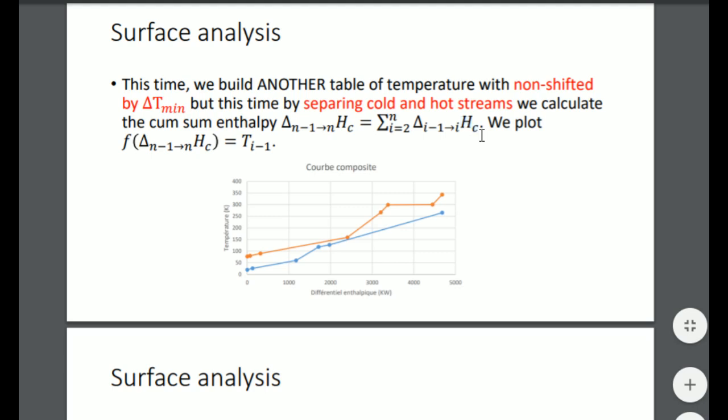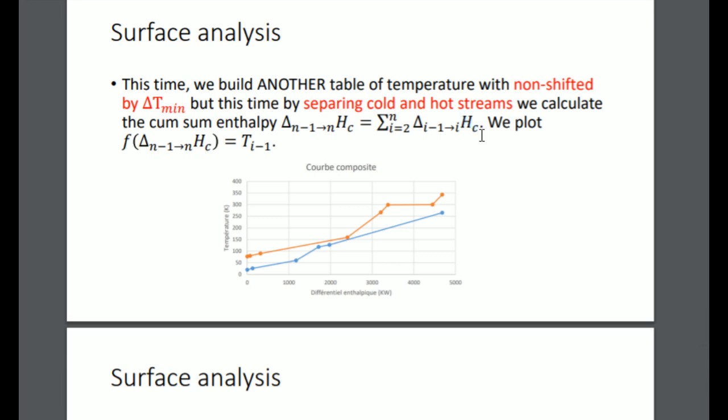So delta H chaud and delta H froid for all the intervals, but there will be difference. Don't sum them up. So you will end up with n enthalpies of the hot streams and n or m enthalpies of the cold streams.